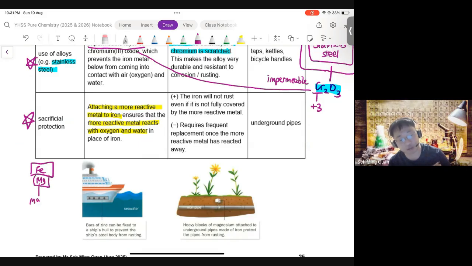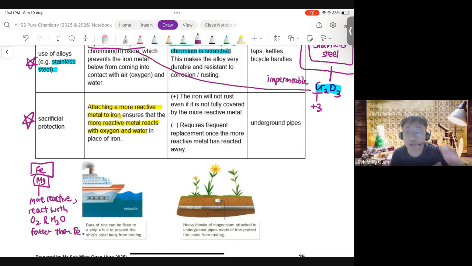Mg is more reactive, right? So Mg is more reactive, so it should react with the oxygen and water faster than iron. That makes sense? So by doing so, it ensures that the iron doesn't react, it doesn't rust.